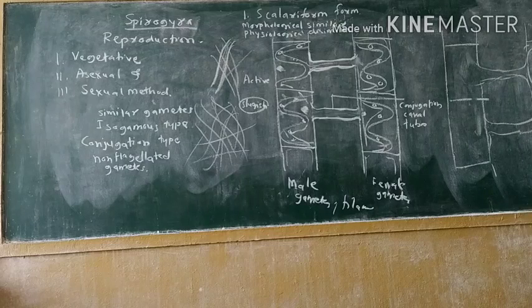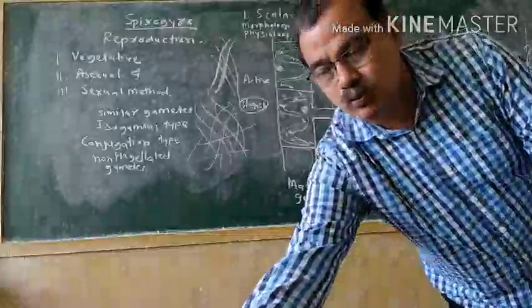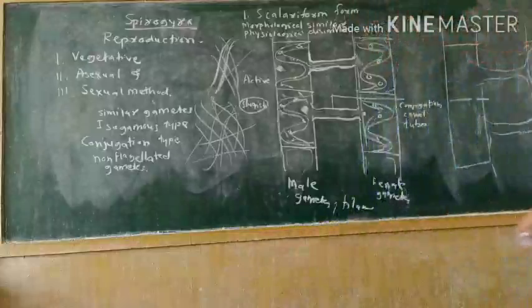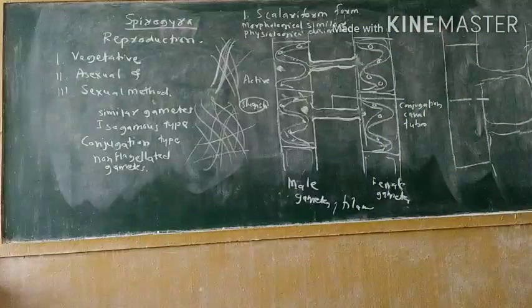Outer and inner layers are smooth and thin. The middle layer is thick. Centrally it consists of the nucleus. This is the zygospore.